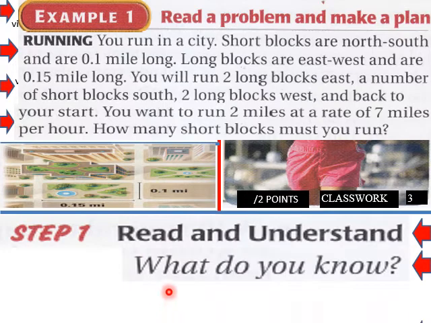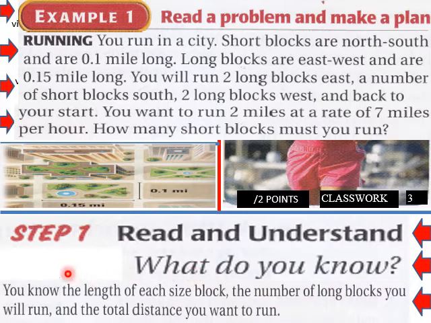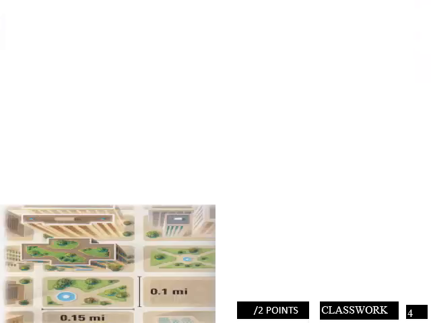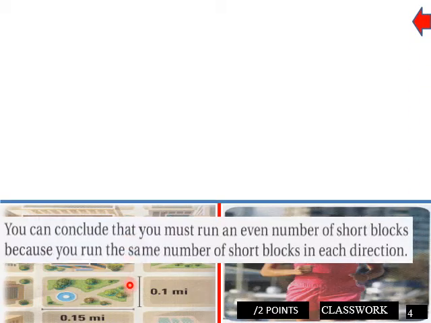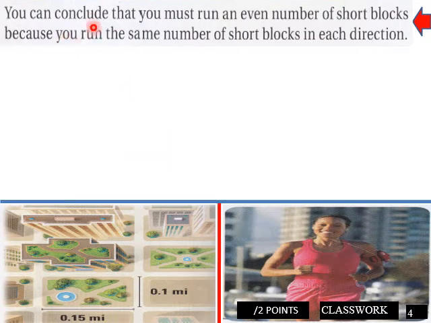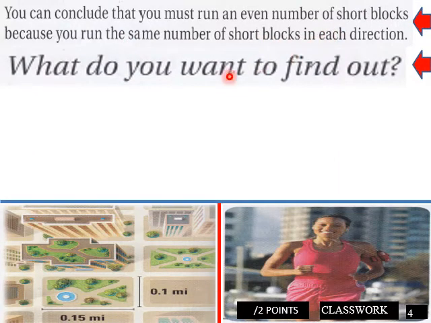Read and understand. So what do you know? Well, you know the length of each side of the block, the number of long blocks you will run, and the total distance you want to run. Here's a diagram. You can conclude that you must run an even number of short blocks because you run the same number of short blocks in each direction.